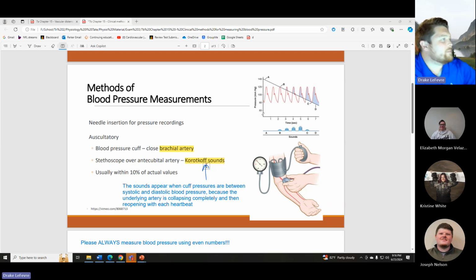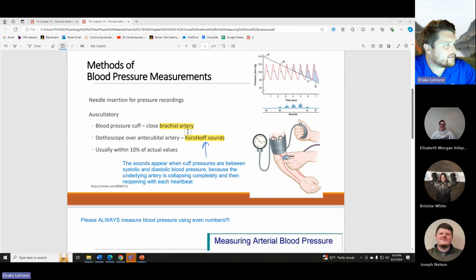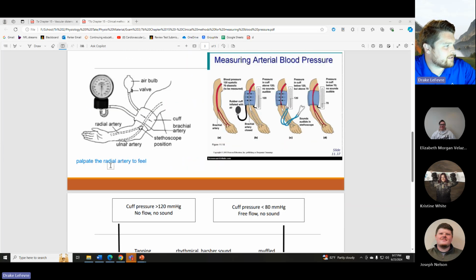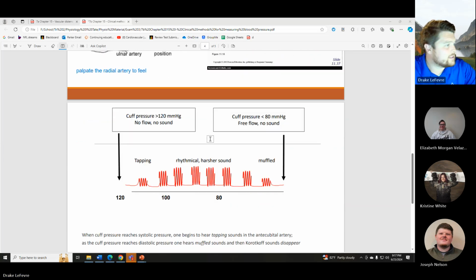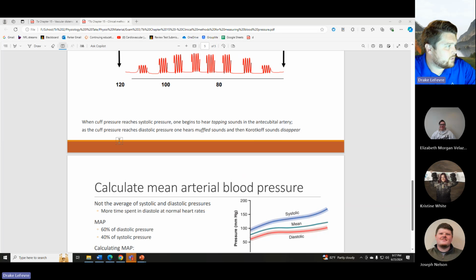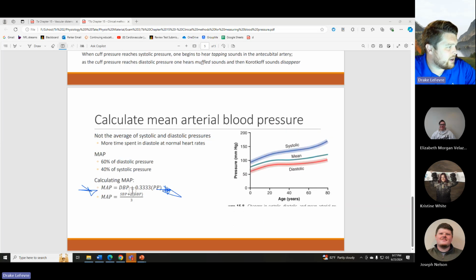Okay. Yeah. Brachial artery, Korotkoff sounds, radial artery. What those are. Mean arterial pressure.